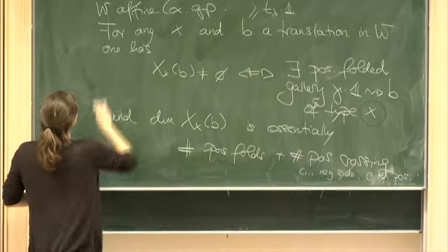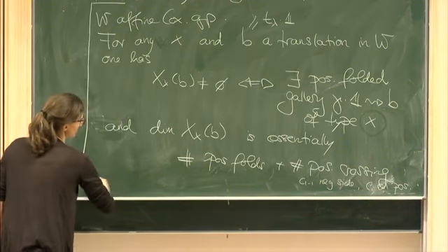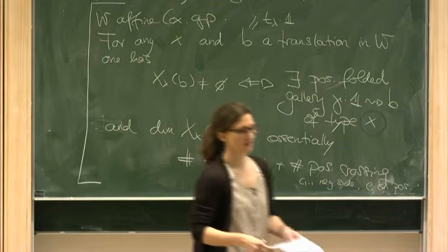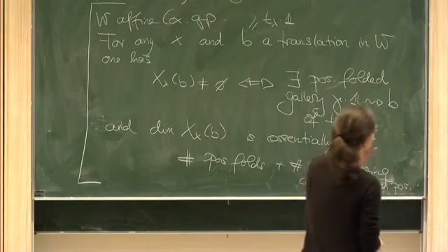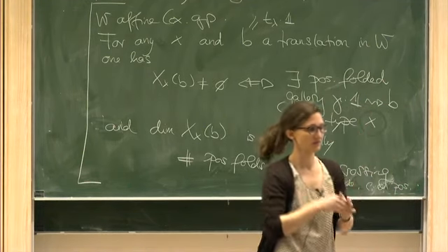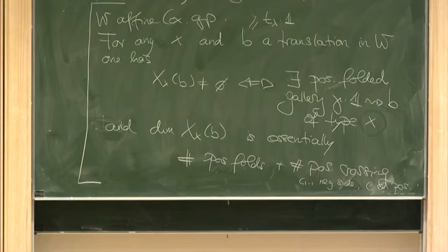Okay, so that's it. So the proof really goes like this. You have this definition of your variety. You have this double coset here.